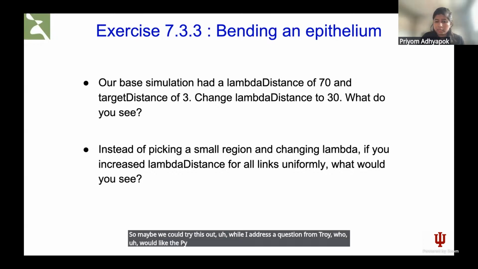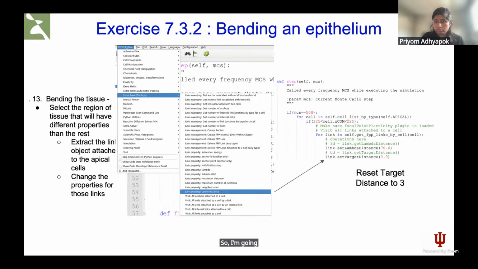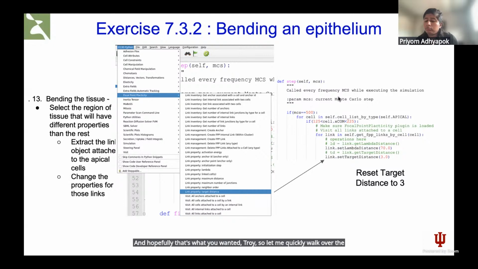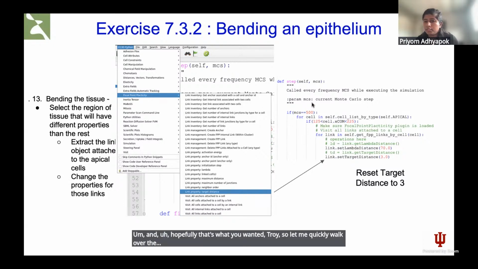who would like the Python codes back. So I'm going to go to this. And hopefully that's what you want to try. So let me quickly walk over what we had done. We picked up a particular time point.